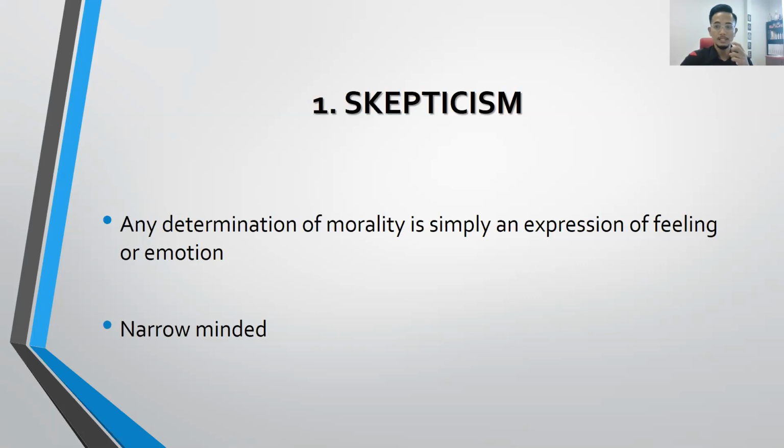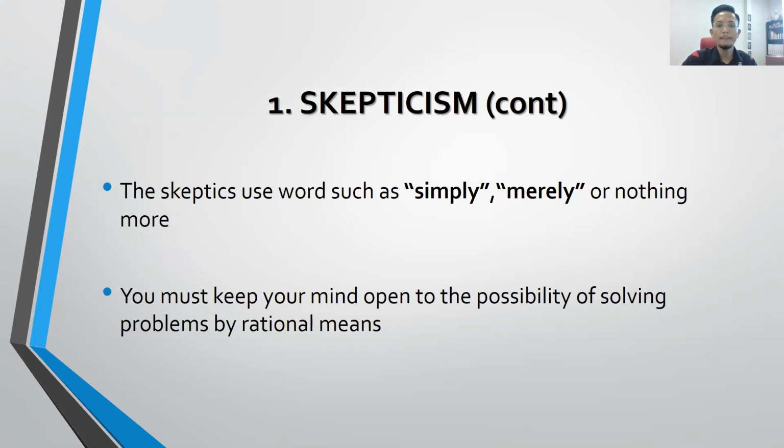So that is skepticism, thinking negative about someone, narrow-minded. Normally this kind of person who has this attitude of skepticism practices something that is simply or merely or nothing more. So that is skepticism. Simple as that. Don't be someone who has a skeptic attitude.